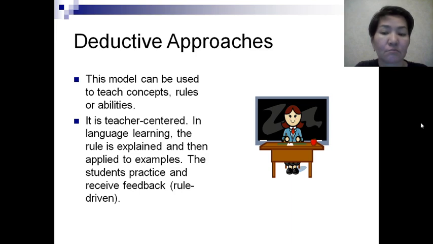Here the rule is explained and then applied to examples, and the students practice and receive feedback. But you see it's a one-direction approach.